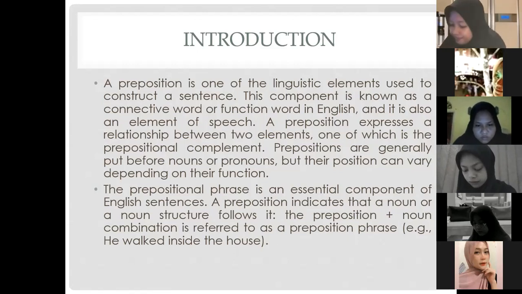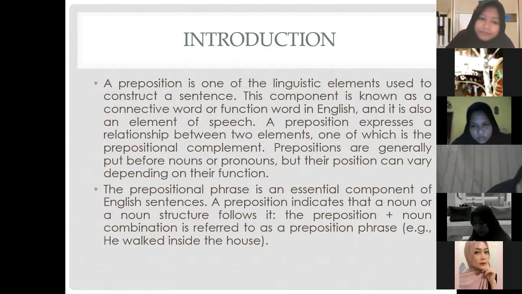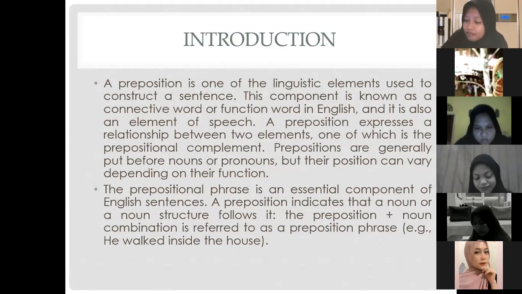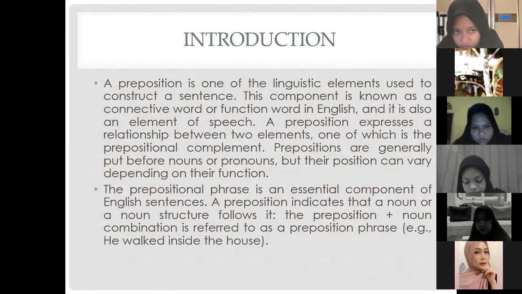The preposition phrase is an essential component of English sentences. A preposition indicates that a noun or a noun structure follows it. The preposition plus noun combination is referred to as a preposition phrase. For example, he walked inside the house.